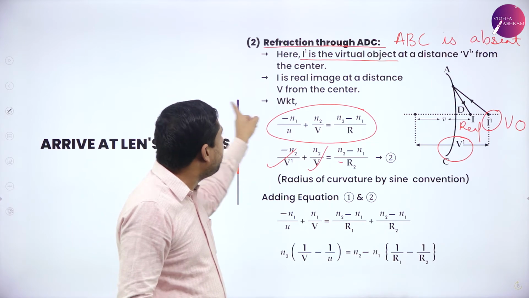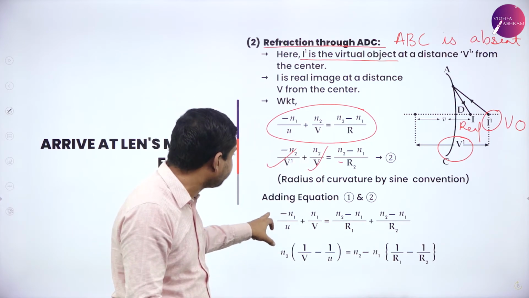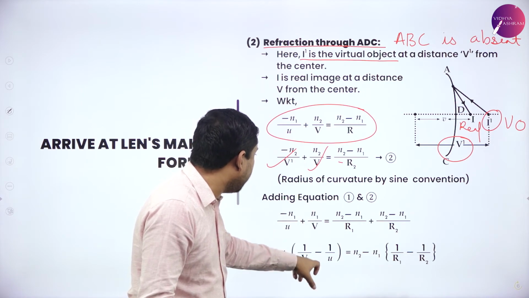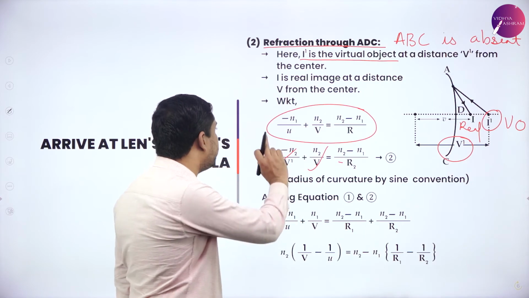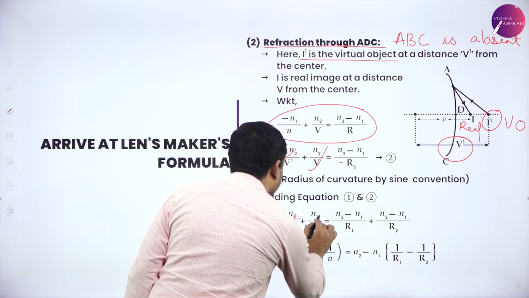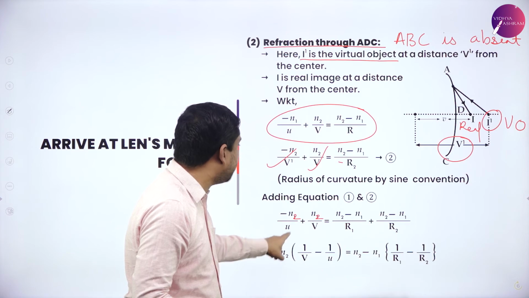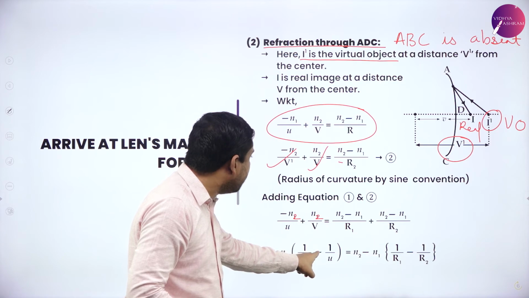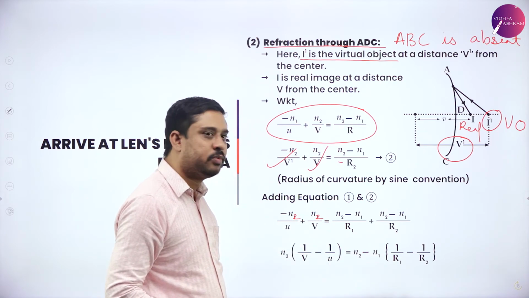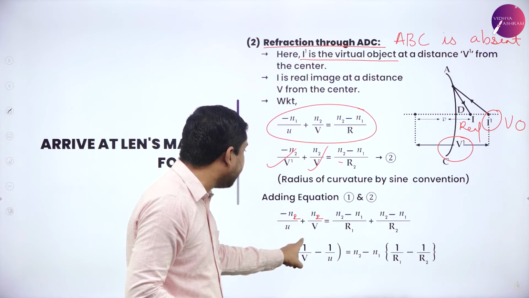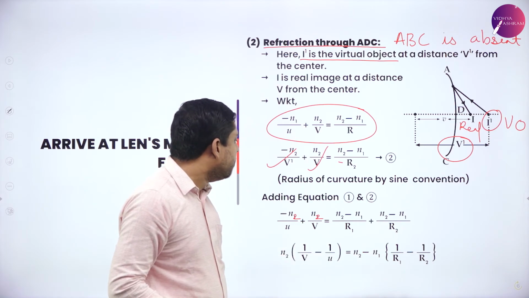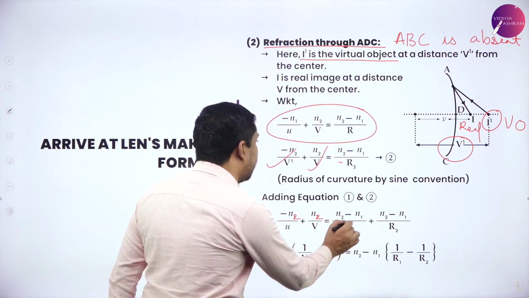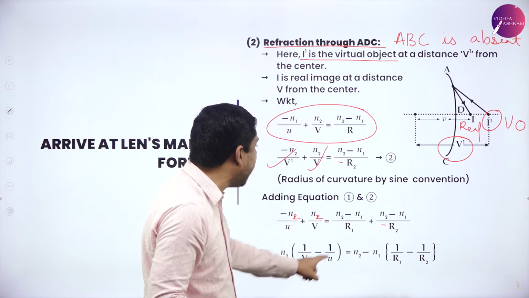Now, simplifying equation 1 and 2, minus 1 by V. When we simplify, this turns out to be minus N2. So N2 I take out, 1 by V minus 1 by U. N2 in the numerator taken out, 1 by V minus 1 by U. N2 minus N1 taken out in the numerator again.